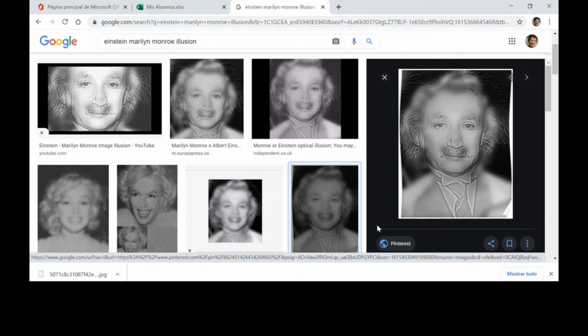¿Qué imagen es esa? No, mirad esta de aquí. Todas las demás no se ve. En esta sí que se ve. ¿Quién es? Y ahora os acercáis.